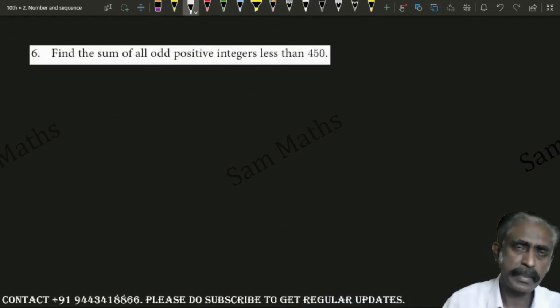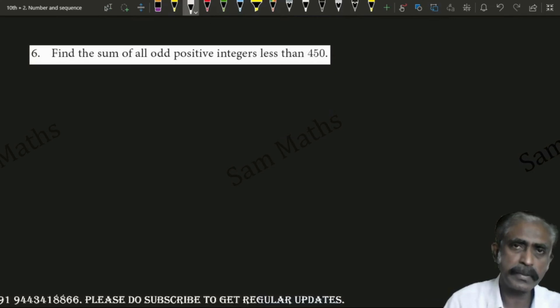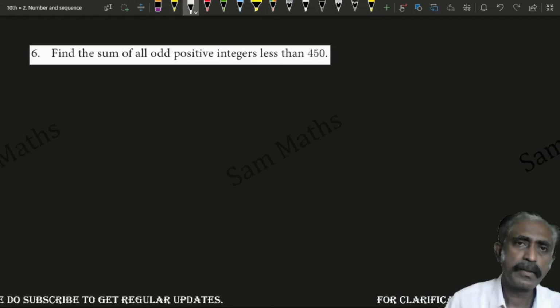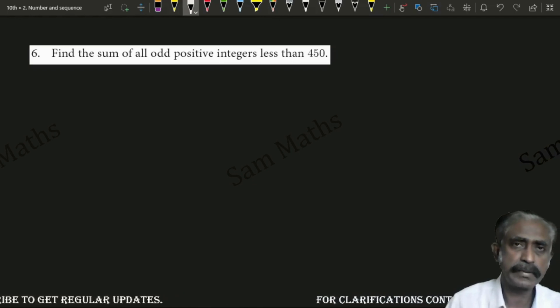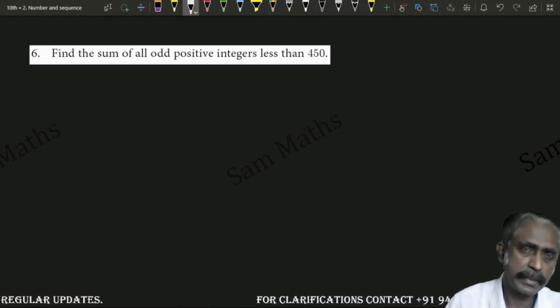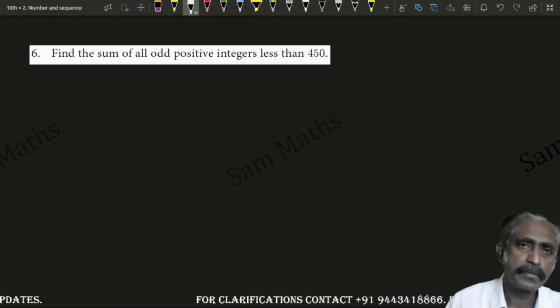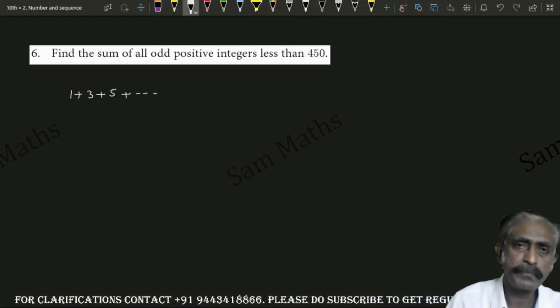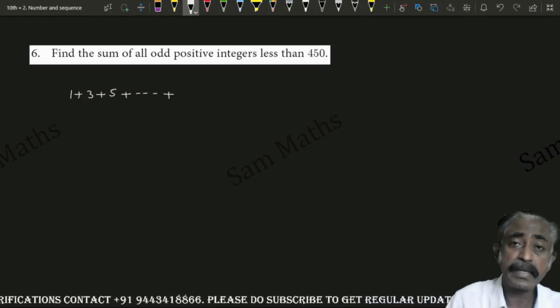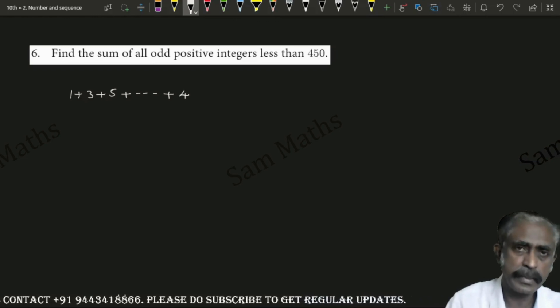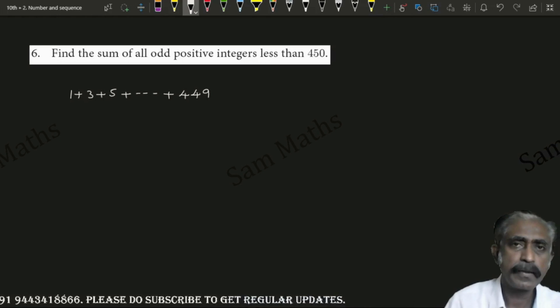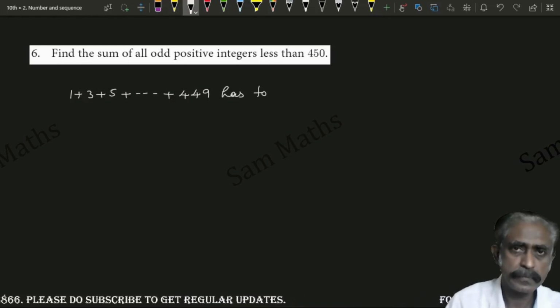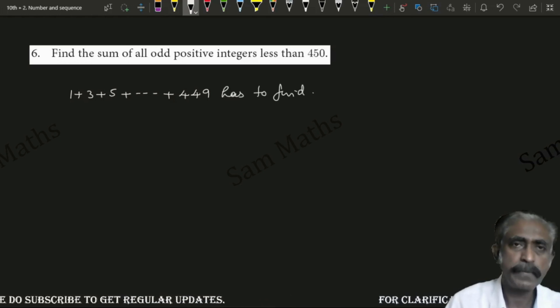Sixth question. Find the sum of all odd positive integers less than 450. Odd positive integers, so I am taking 1 plus 3 plus 5 plus etc. up to less than 450. Therefore, 449 has to be found. Clear, children?